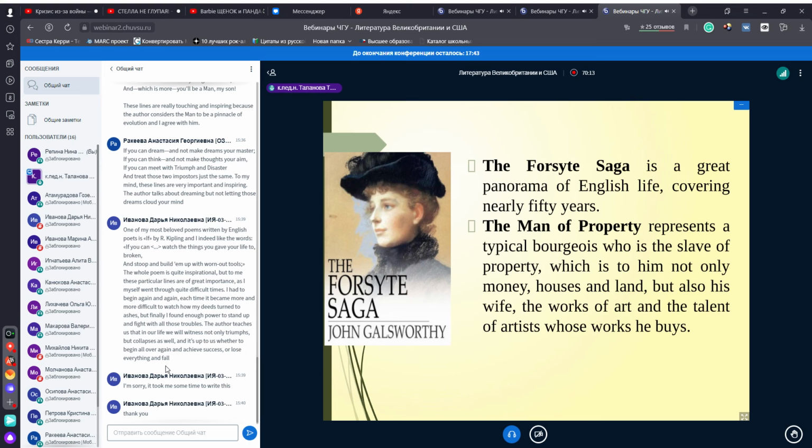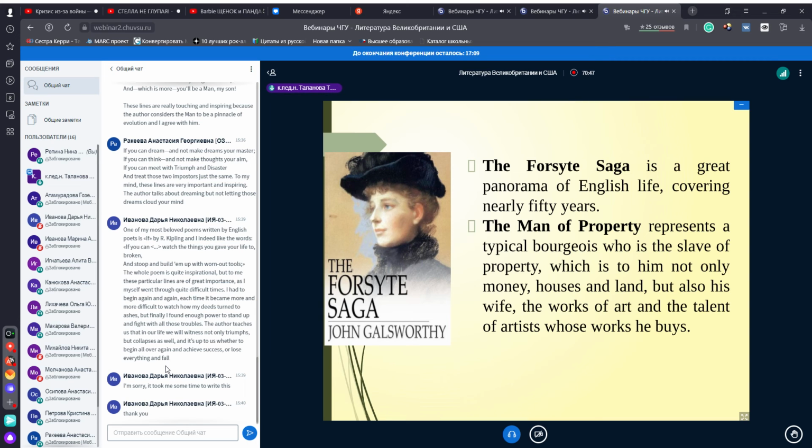Almost every member of the Forsyte family feels great pleasure speaking about money. For example, Soames Forsyte, the main character, when he sees anything, he immediately states the value of it.